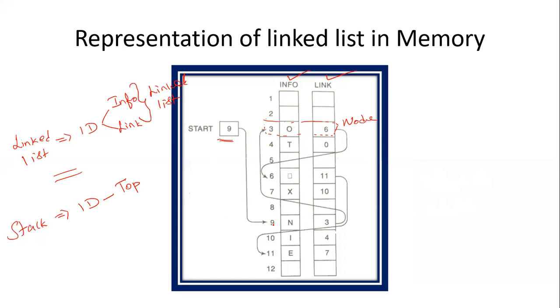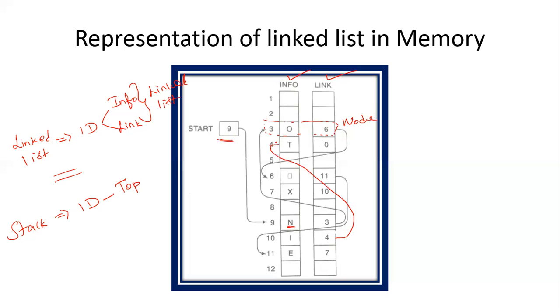At address 9 you have the information N, and this 9 points to 3. In 3 you have O, and 3 links to 6. In 6 you have another character that links to 11. 11 gives E, and it links to 7. In 7 you have X, and it links to 10. 10 gives information I, and it links to 4.